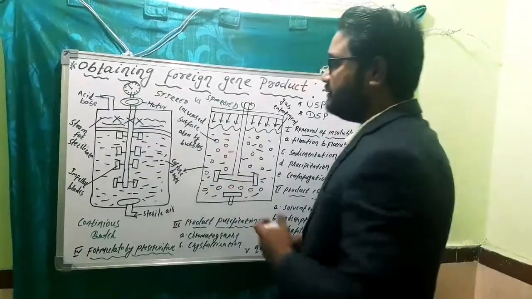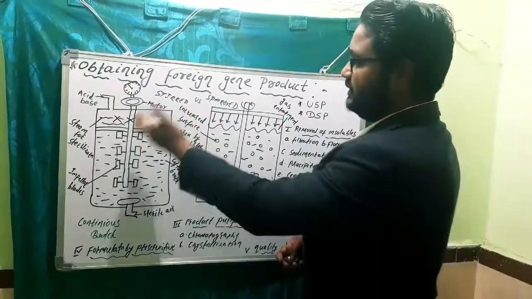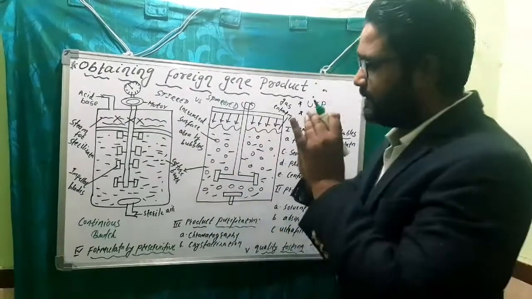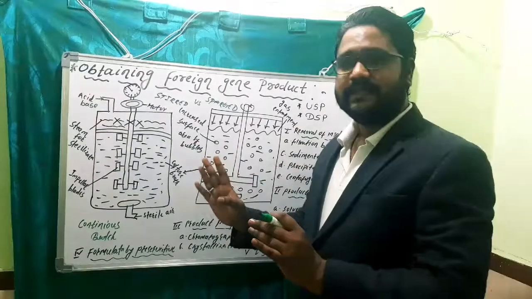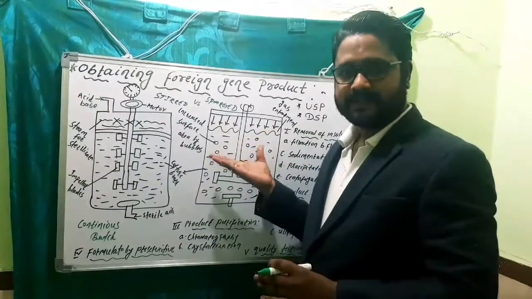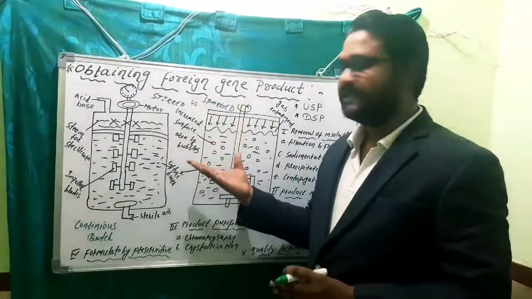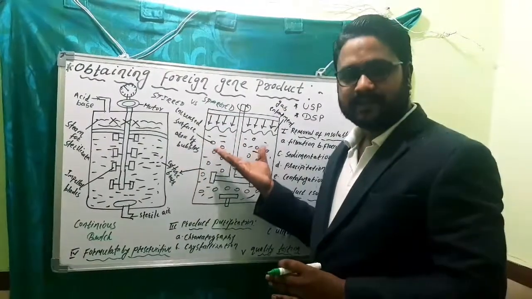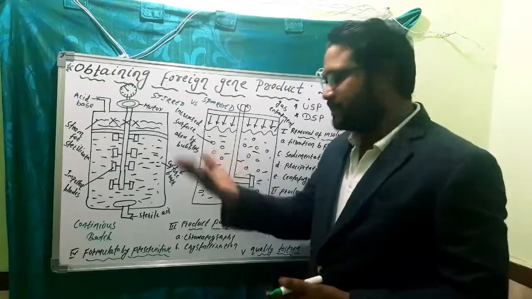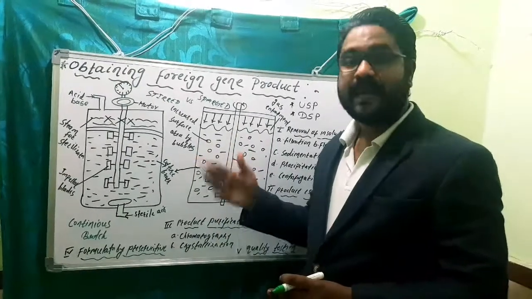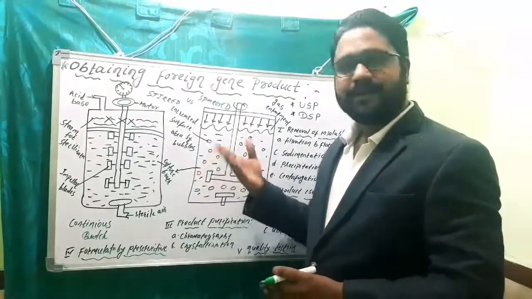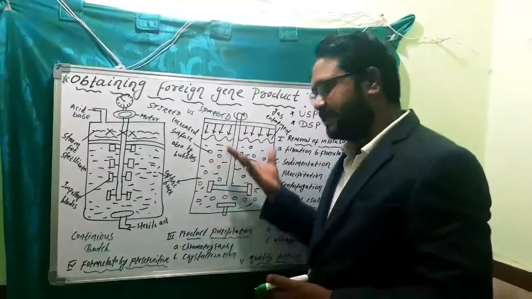Now there are two types of this bioreactor. One is stirred tank, the other is sparged tank. Basically both are the same, the only difference is that in the case of the sparged tank bioreactor, the oxygen supply is more. Because of the air bubbles present here, they provide more surface area for microorganisms and more oxygen for their growth and multiplication inside the medium.